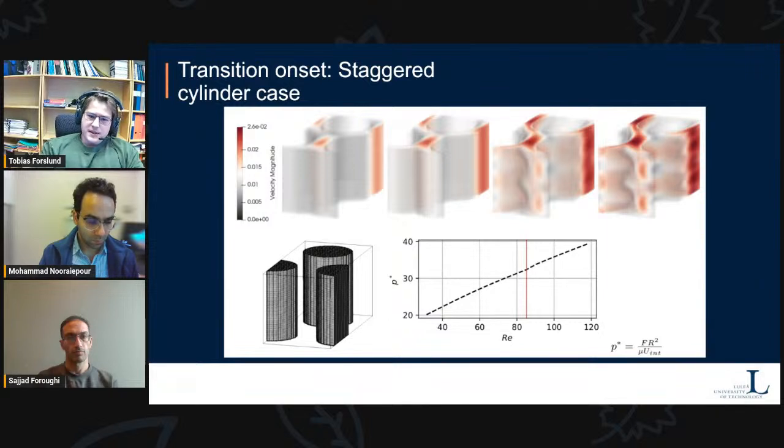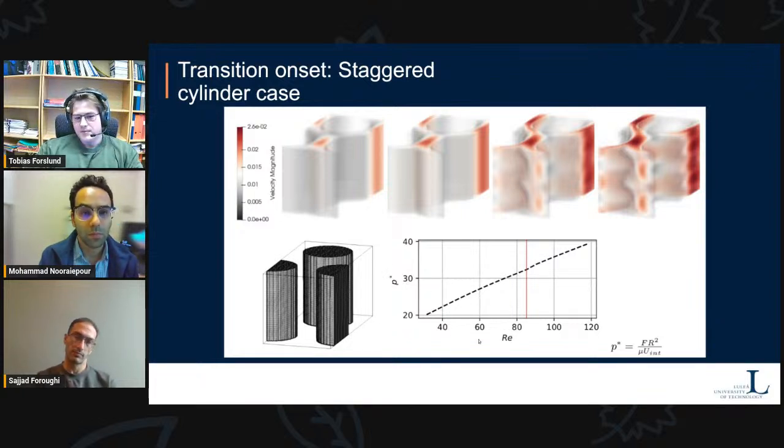For the staggered cylinder case, you can see that as the Reynolds number is increased, you have this cutoff point where the transition onset starts. And we see that we don't have a really significant change in dimensionless pressure drop. So you probably wouldn't see this if you had a pressure meter in your flow.